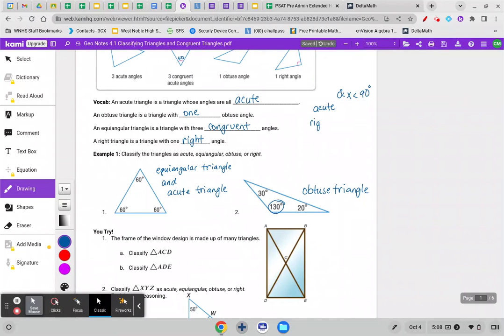A right angle is always 90 degrees, and an obtuse angle is anything between 90 and 180 degrees. So if you couldn't remember: obtuse is between 90 and 180, right is exactly 90, and acute is smaller than 90. Okay?